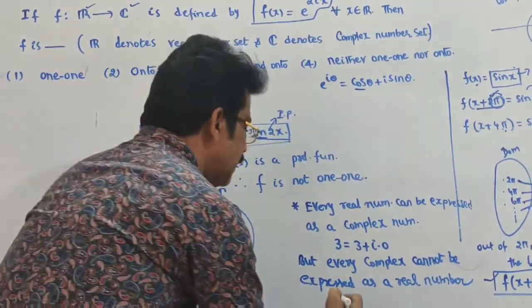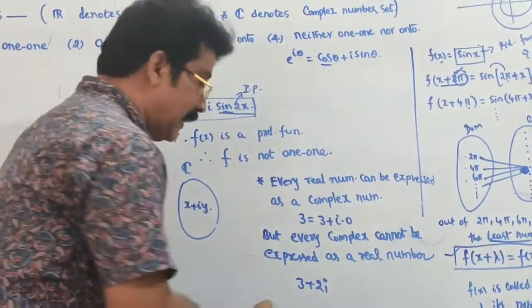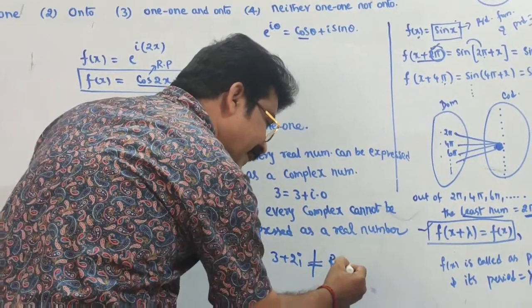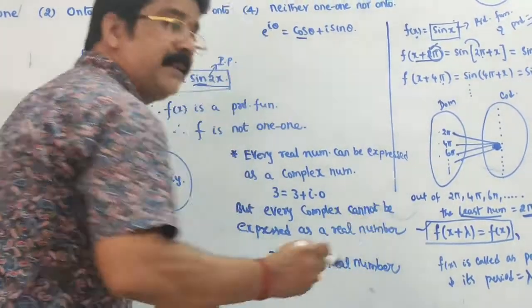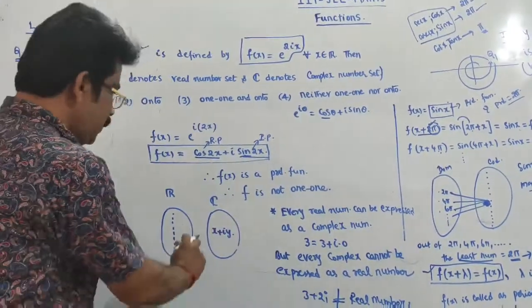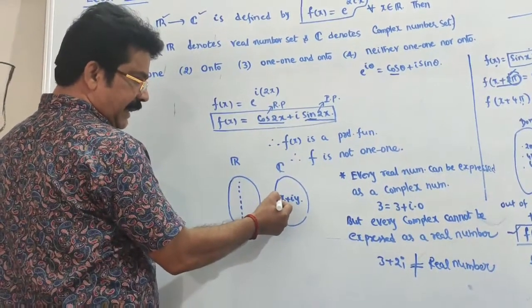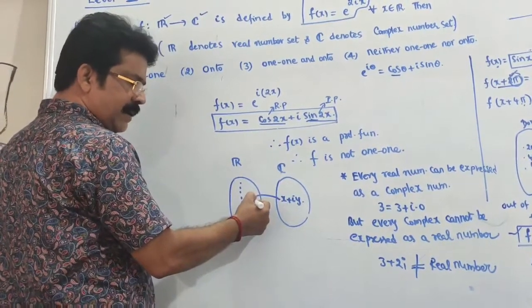For example, let us take 3 plus 2i. It cannot be expressed as a real number. Remember. Understand? Okay. You come here. For example, a complex number: is it expressed as a real number?